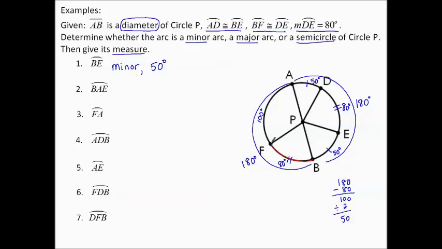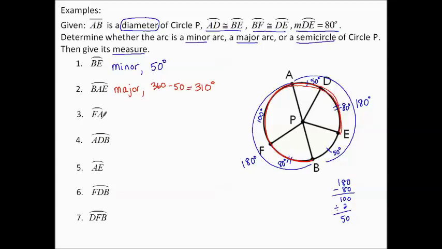So from B, I have to go to A before I get to E. Notice that's the entire circle except for one little part, that 50 degrees. So that's more than halfway around the circle, major arc. And if it's everything but 50 degrees, I subtract from 360. So that's 310 degrees.